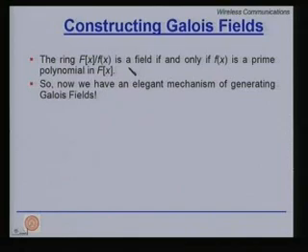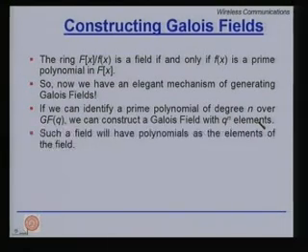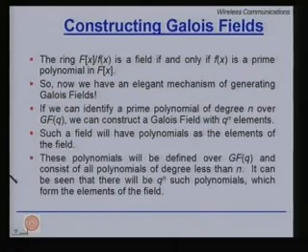So, if this is true, we have an elegant mechanism of generating Galois fields. If we can identify a prime polynomial of degree n over GF(q), we can construct a Galois field with q raised to the power n elements. Such a field will have polynomials as the elements of the field. These polynomials will be defined over GF(q) and consist of all polynomials of degree less than n.